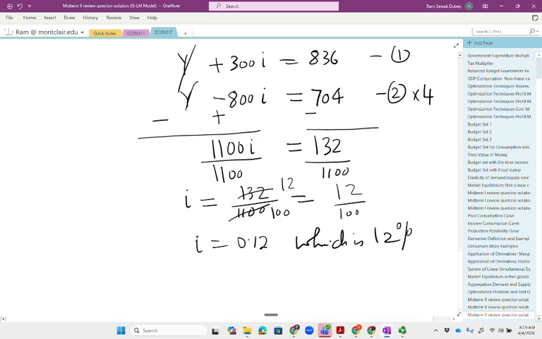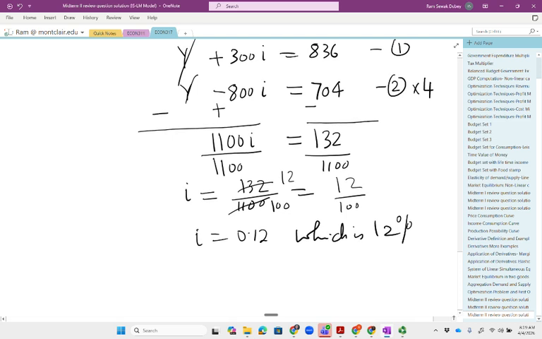Given this interest rate i, now I can go back to either of the two equations and plug in the value of i to obtain y. Let me use the first one: y plus 300i equal to 836.